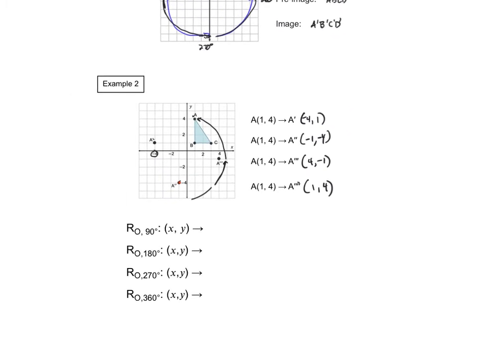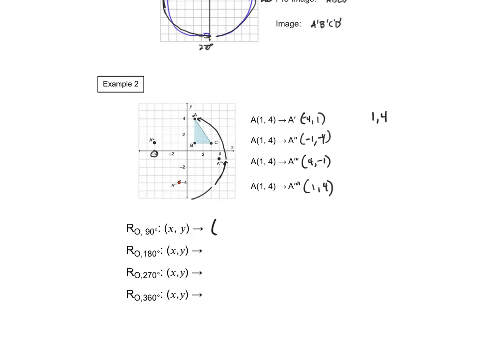And if you'll notice, we started off with A, which was going to be, let's see here, 1, 4. As we went 90 degrees, what happened?